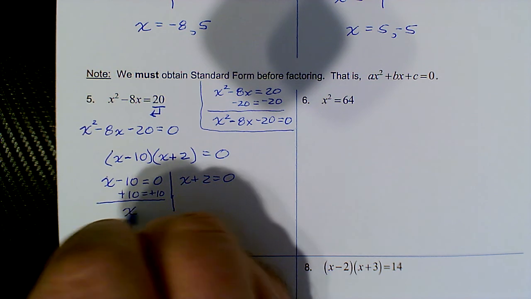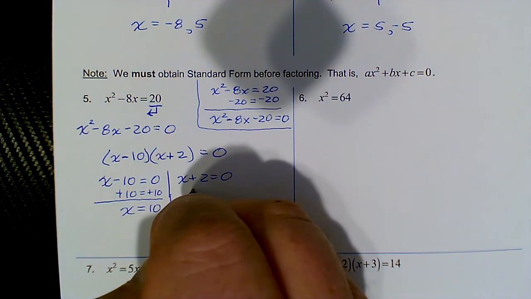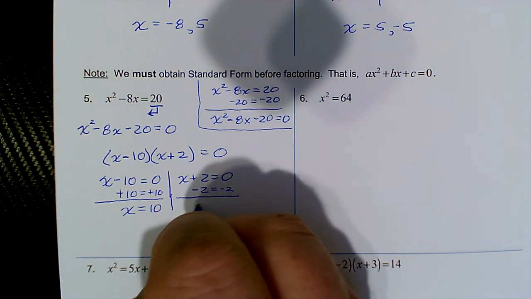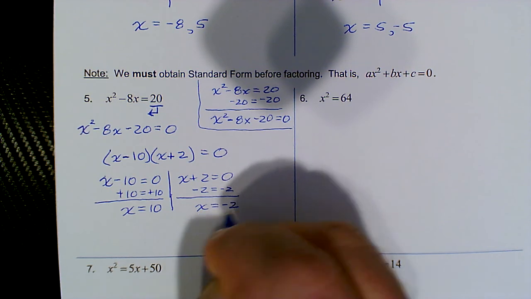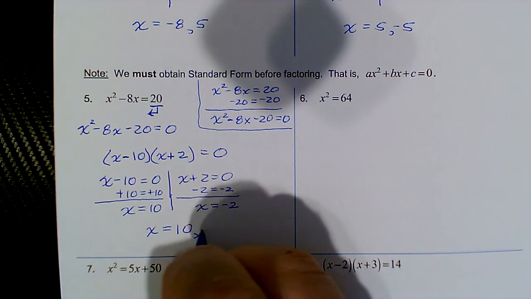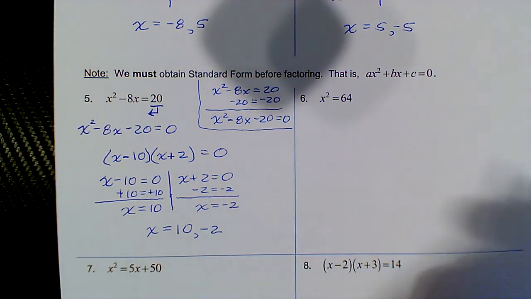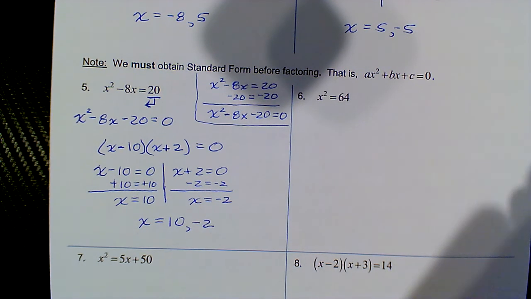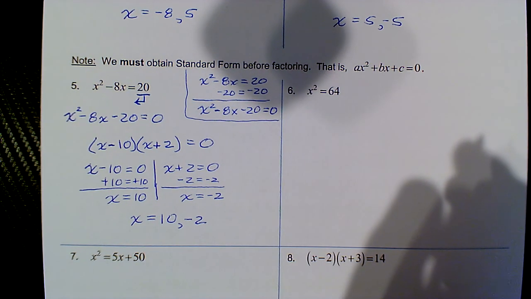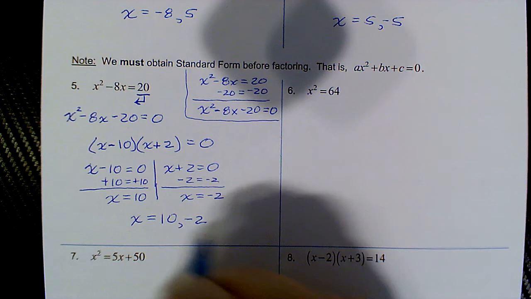We get x equals 10. And for the second one, we subtract 2 from both sides, and we get x is negative 2. So again, summarizing the solution, 10, negative 2, or negative 2, 10, either way is acceptable. Either order, it doesn't matter.